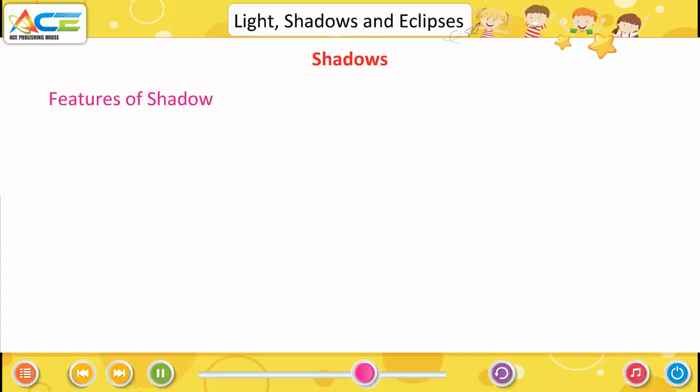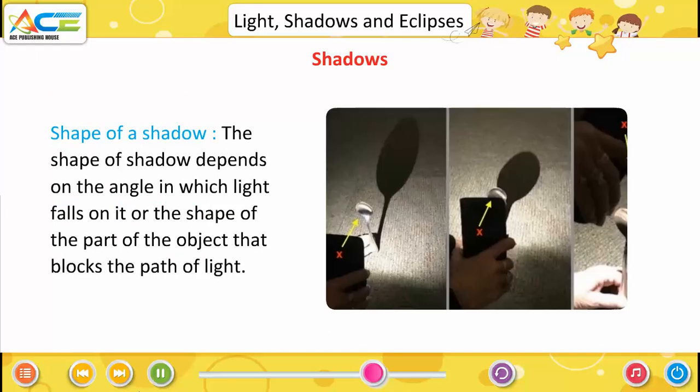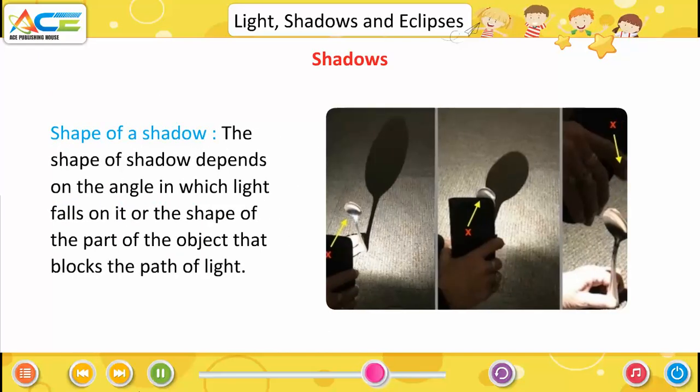Features of shadow. A shadow has the following features. Position of a shadow. A shadow is always formed opposite to the source of light. Shape of a shadow.